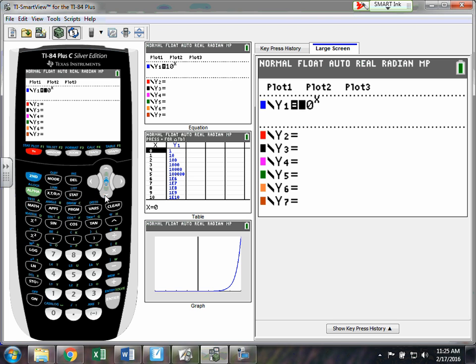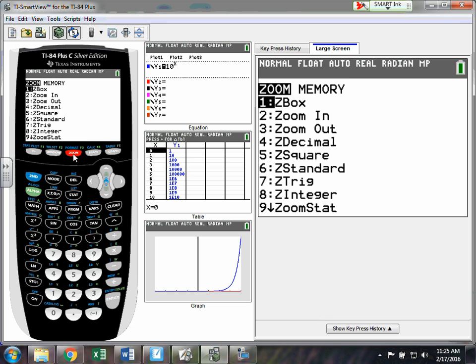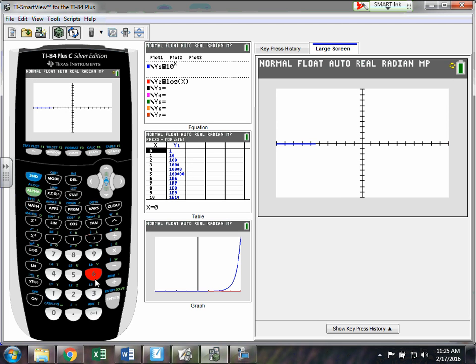So 10 to the x and log of x. And I'm going to graph both of these in the standard window. Looking at the graphs of 10 to the x, and now the graph of log of x, what do you notice?